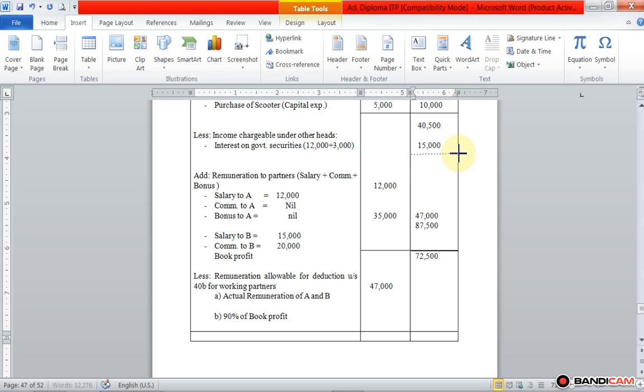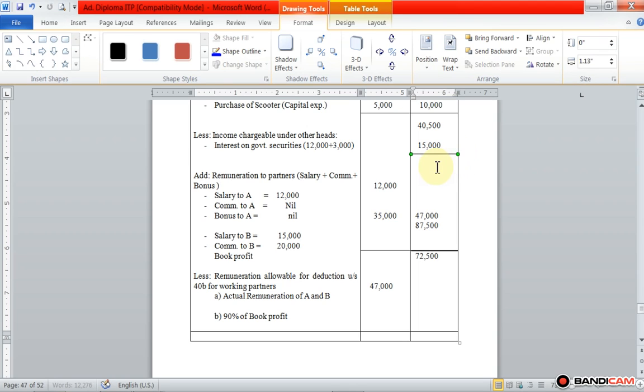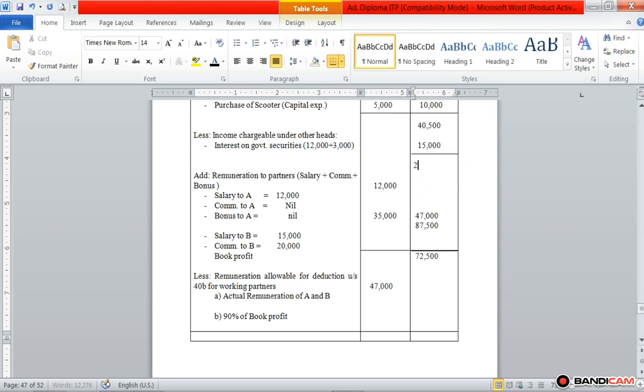Okay, so here 25,500 is the net profit. Then we add remuneration. So no change in remuneration.